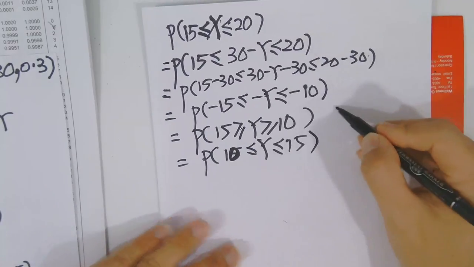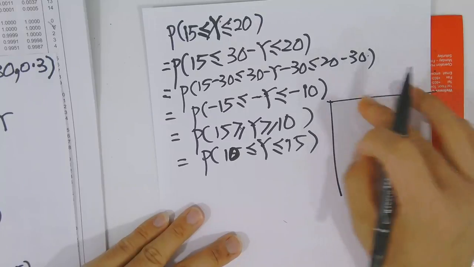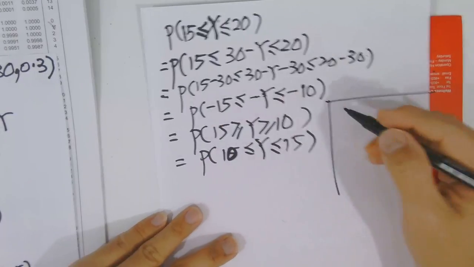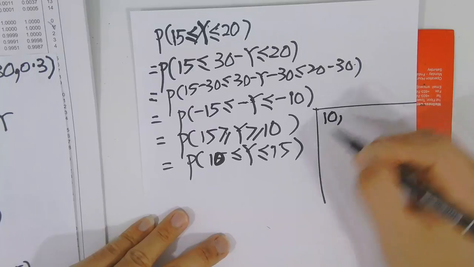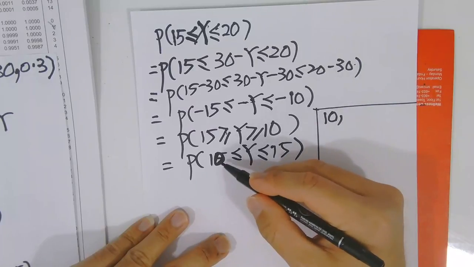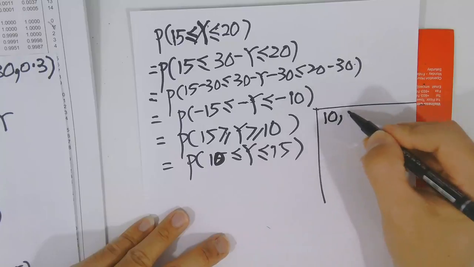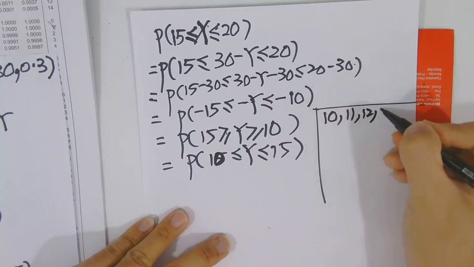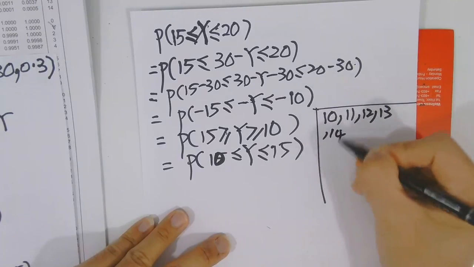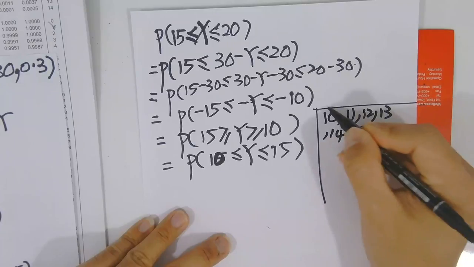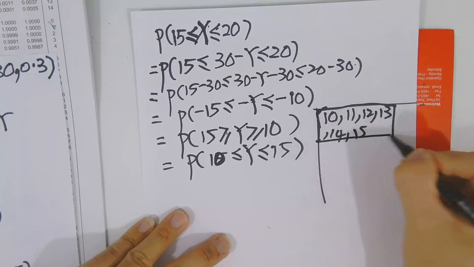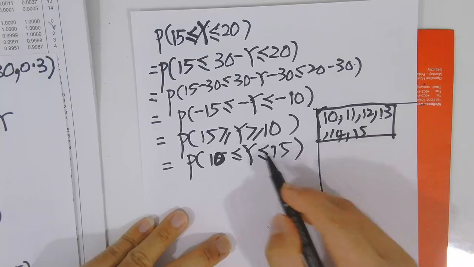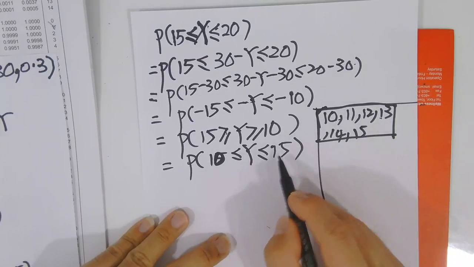This is just in your mind, please don't write this in your working. This is just to guide you: it starts from 10, not from 0. 10 to 15: 10, 11, 12, 13, 14, 15. This is all the values required, 10 up to 15. It can be 10, it can be 15.